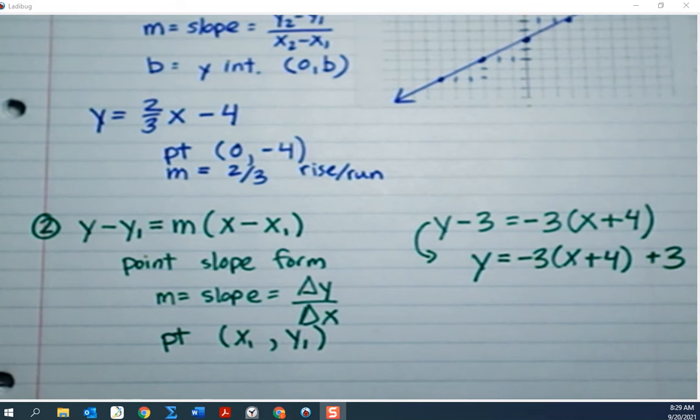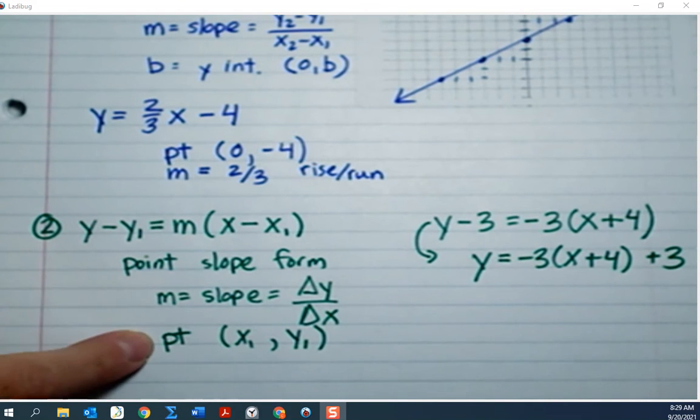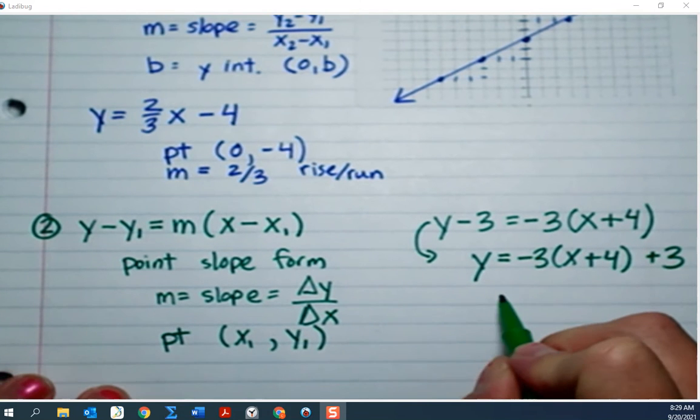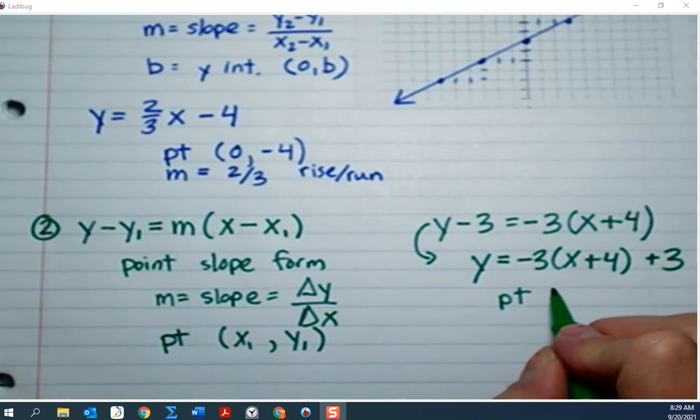Now I want you to pick out what's the slope, what's the point, right? Because I need 2 things to graph a line. I need a slope and I need a point. Well, slope is pretty reasonable. I'm actually going to write down the point first because where do you start your line? You start your line at a point.